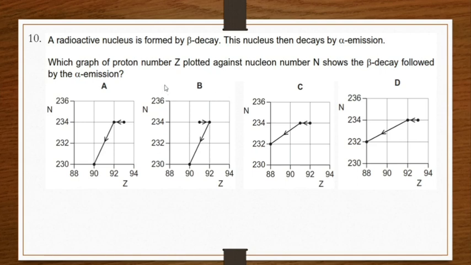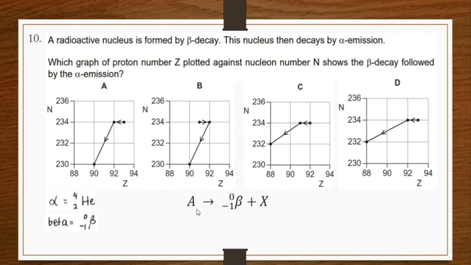So alpha is helium 4-2, beta is beta 0 minus 1. During the beta decay, the proton number of the new nucleus will increase by 1. The nuclear number remains the same. During the alpha emission, the proton number of the new nucleus decreases by 2 and the nuclear number decreases by 4.